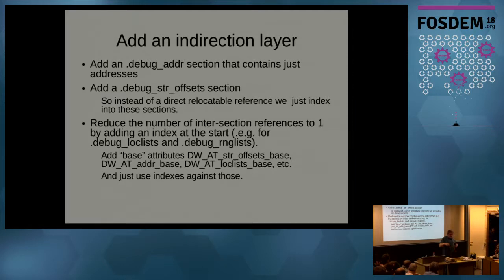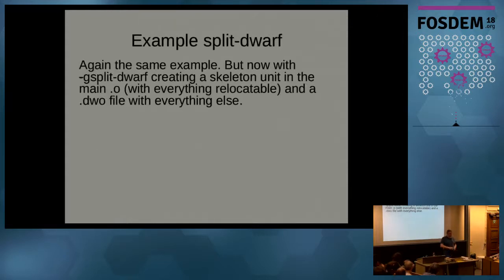One of the nice things is that through all those indirections, we can move most of it out of the object files. So we don't need the linker to even see most of the DWARF data.